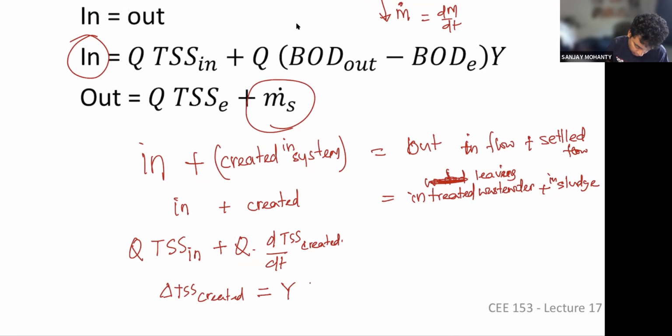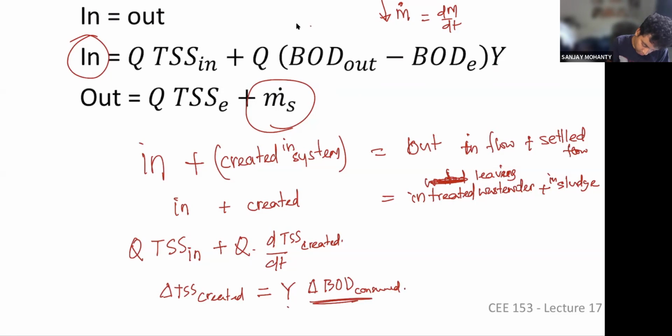So that's yield times delta BOD, whatever BOD is consumed or treated. That's why what you're writing here is yield times the difference in BOD, and that's the number written here.